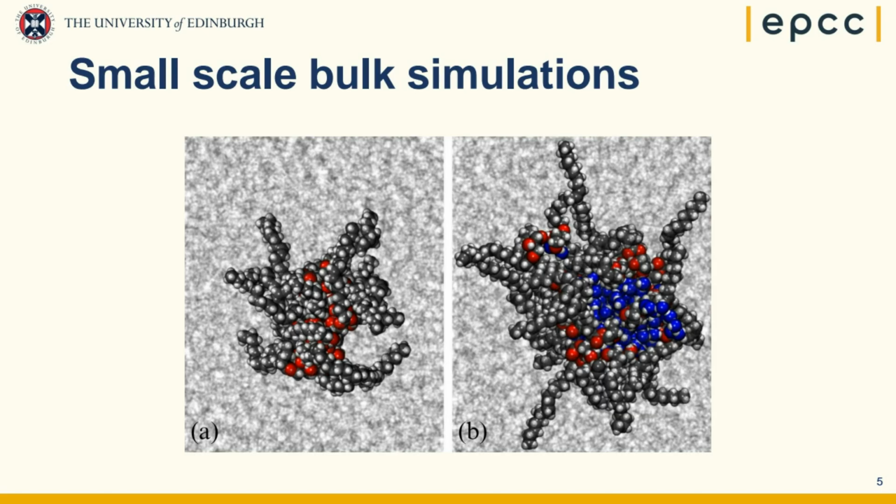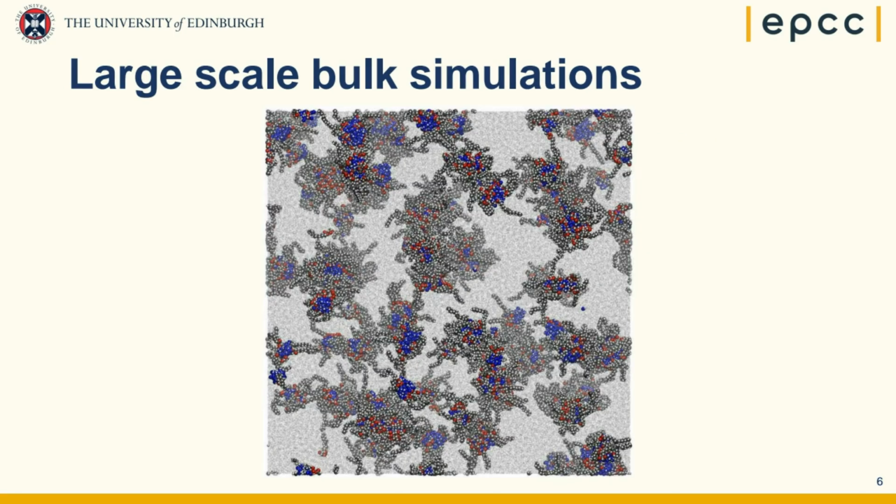So with ARCHER2, what we were able to do is to scale up this simulation in a way that we had never done before. Before that, I was doing maybe 100,000 atom simulations if I was lucky, and at this point in ARCHER2, we were able to run a 2 million atom simulation that simulated 51 nanoseconds of time. That is more than double the average time for micelle formation to happen.